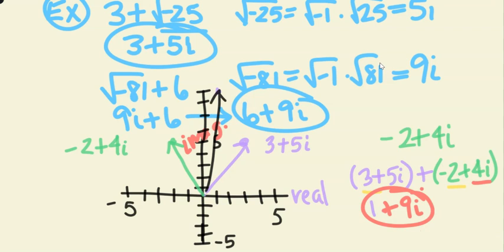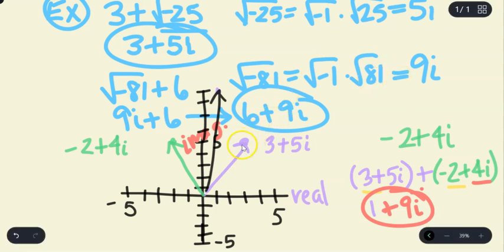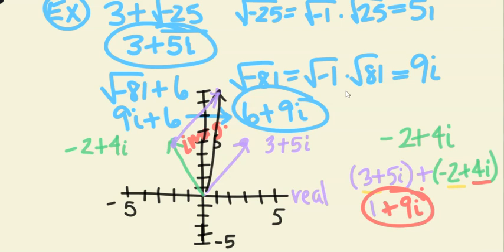Well, we're not going to get too in-depth with vectors, but I want you to imagine when you add two vectors together, you're basically going to take the tail of one and put it on the head of the other. So imagine this purple vector. If I just shifted it over and stuck it on the head of that one, do you see how it ends up where our sum is? So that's how vectors work with imaginary numbers, complex numbers.